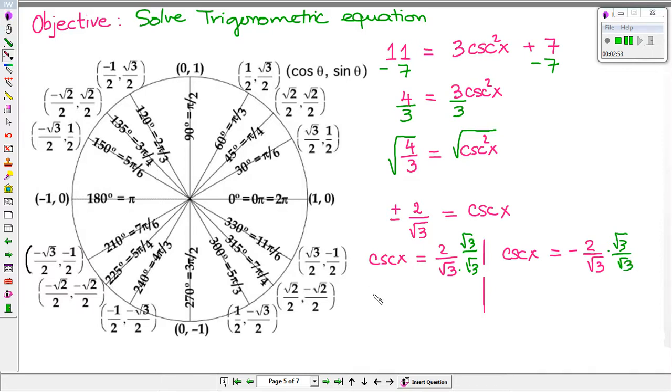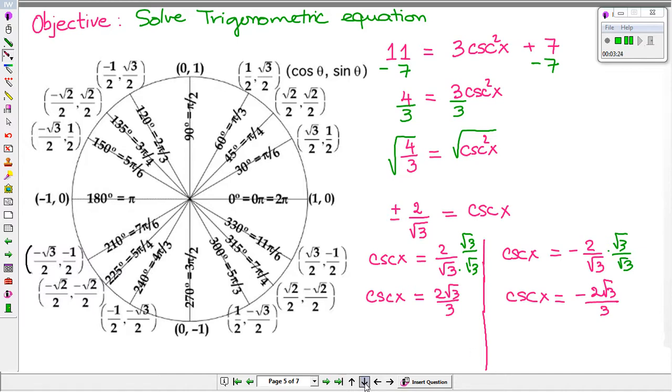So we will end up with an equivalent equation. It will be cosecant of x equals 2 square root of 3 over 3, and cosecant of x equals negative 2 square root of 3 over 3. So now we go ahead and solve each individual equation.